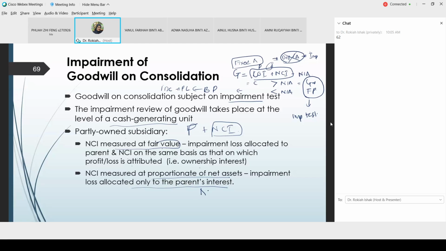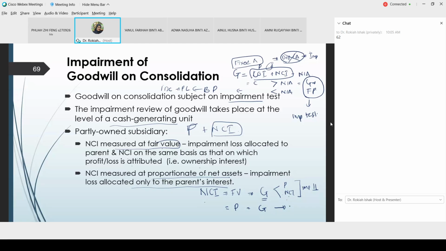So you have to be careful with goodwill, because it depends on how you measure the NCI. If the NCI is measured using fair value, there is goodwill that we allocate to both the parent and the NCI. Since both parties have goodwill, both share the impairment loss based on their percentages. But when the NCI is measured at the proportionate share of net assets, there is no goodwill for the NCI.